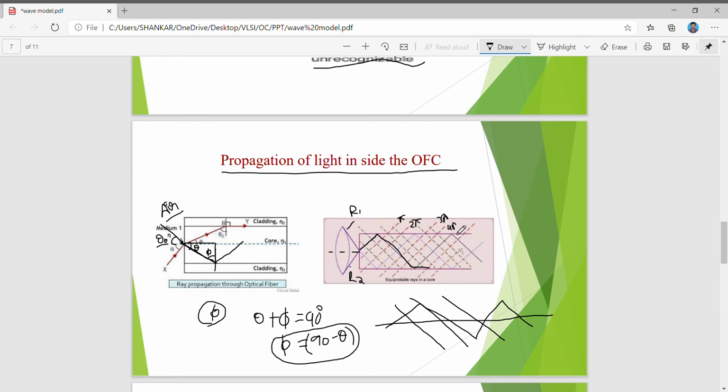So let us assume these are the angles of your ray 1, and the angle here is represented as pi, and this is 2 pi, which is the angle of your ray 2, and this is 3 pi, and this one is 4 pi.